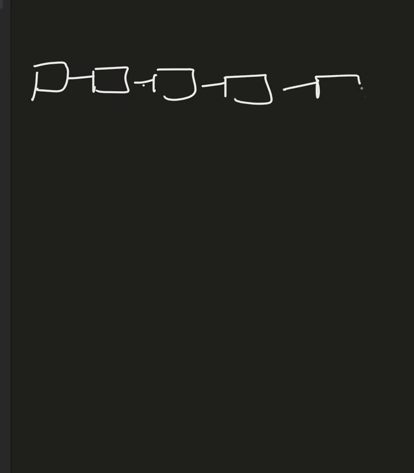Let's see how this is done. So this is my slow pointer, and this is my fast pointer. I will take this slow pointer and move it 1 step forward.